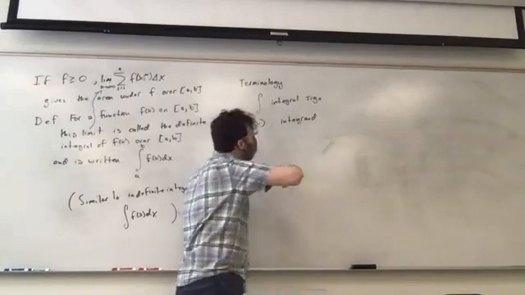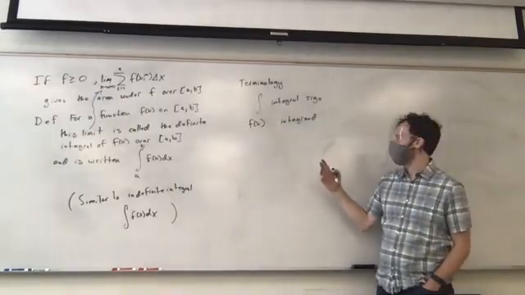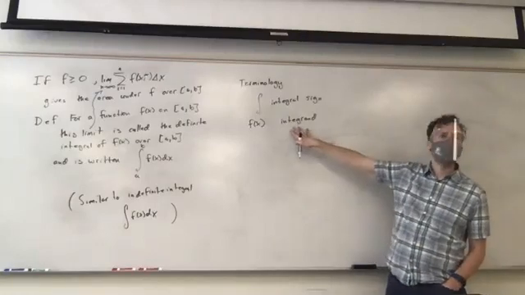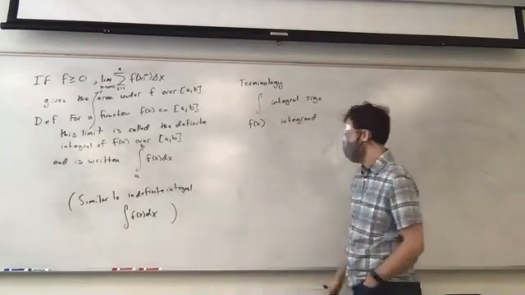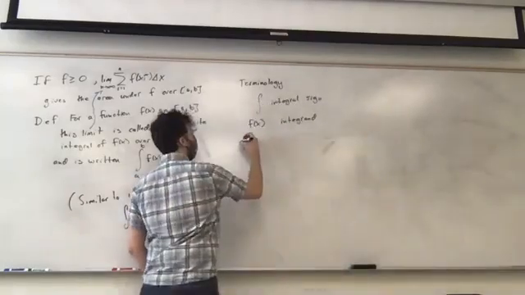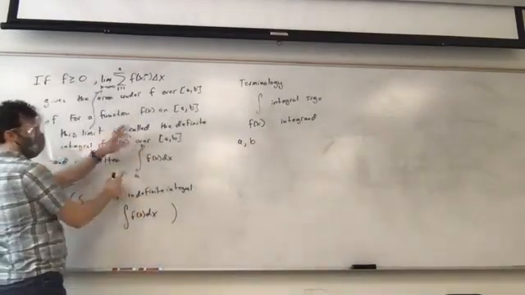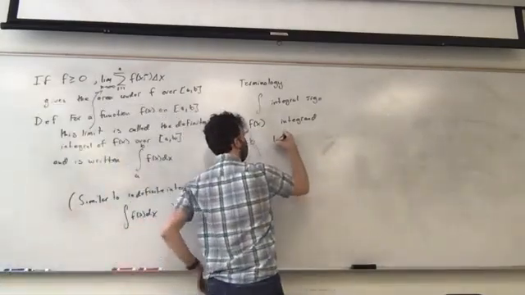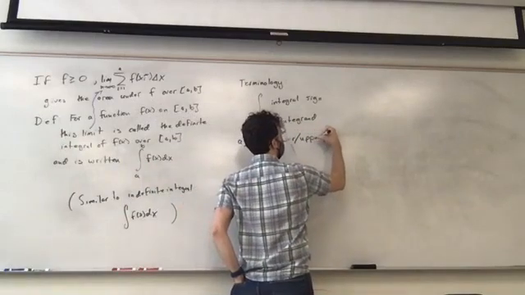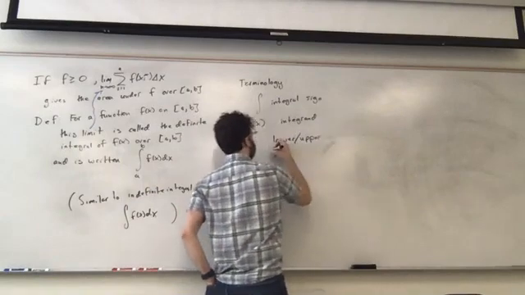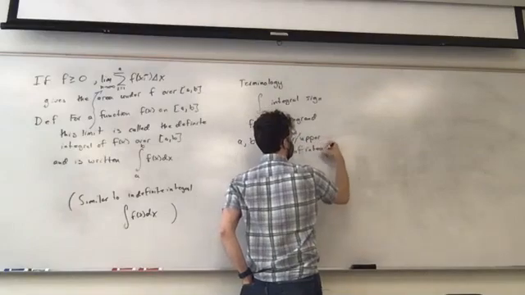I won't really use this word very much, but if you're reading the textbook or any other resources, this might come up, and that's what they're talking about, the thing being integrated. The numbers a and b in this notation are the lower and correspondingly upper limits of integration.